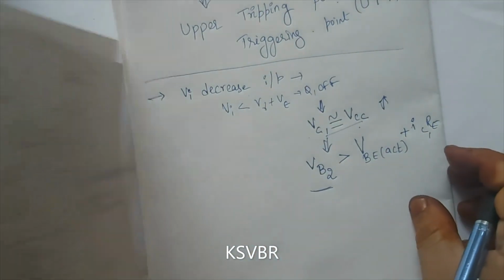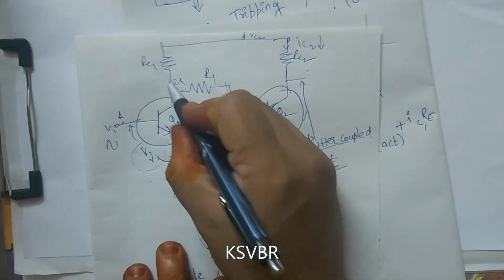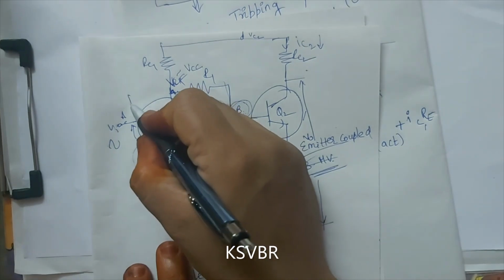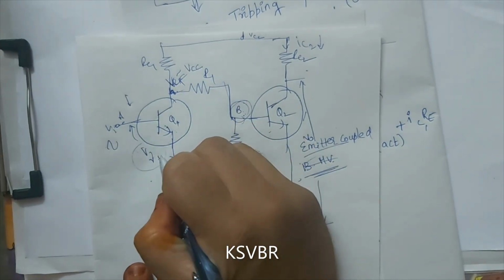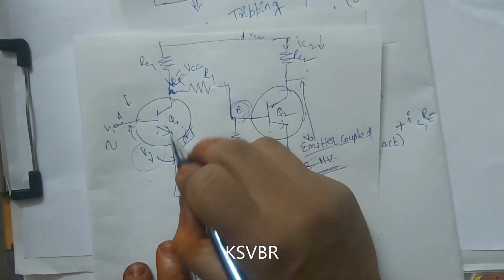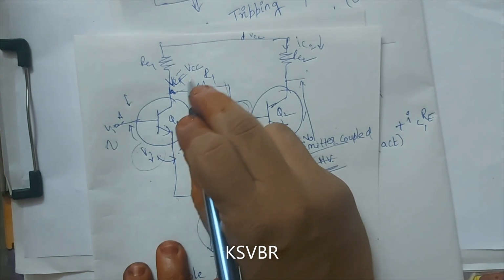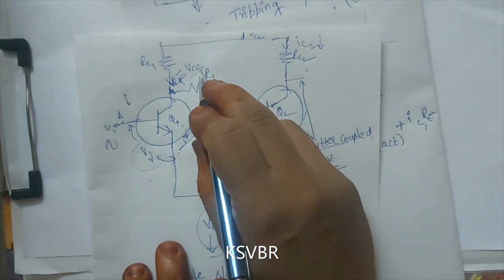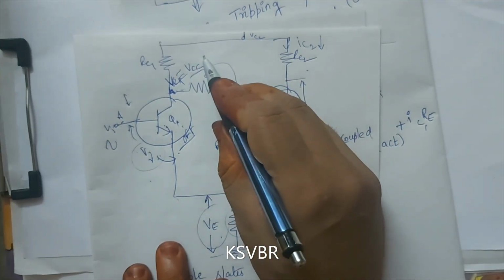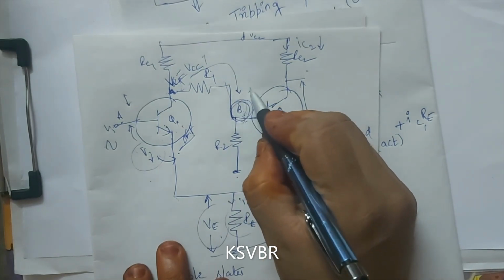I will be clear here. This VC1 is approximately equal to VCC. Whenever input is decreasing and falls beyond V gamma plus VE, Q1 transistor will be in off condition. When this transistor is off, we know that the voltage at collector is approximately equal to high voltage VCC. So this means this is a gradually increasing voltage. Here also the voltage should be gradually increasing.